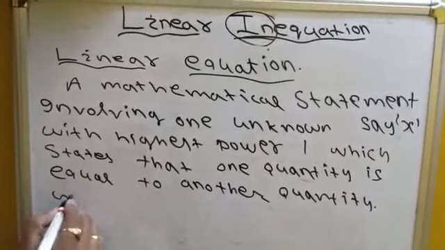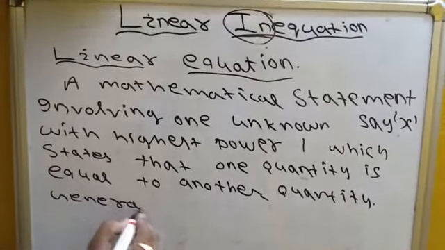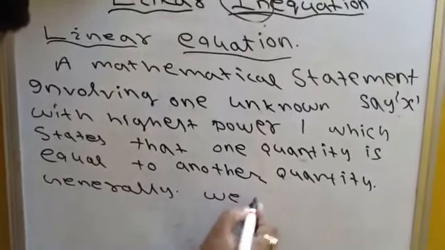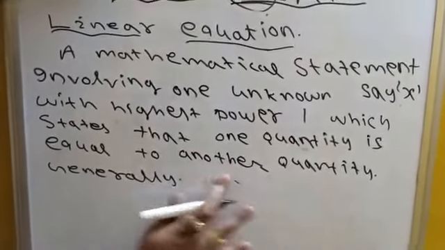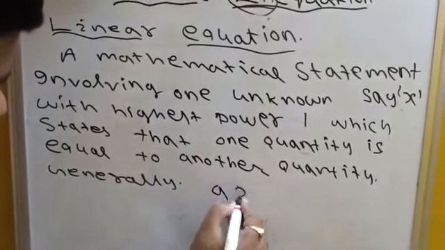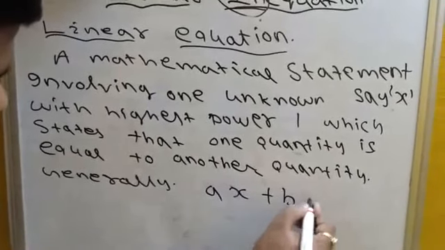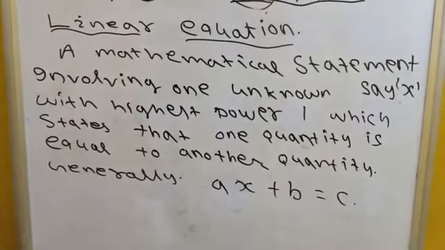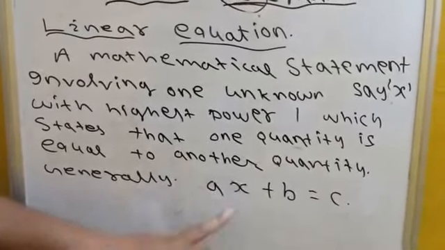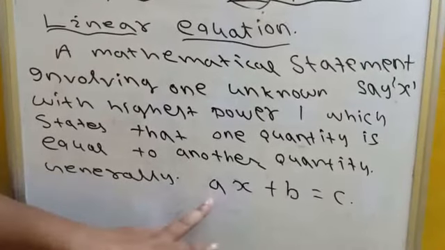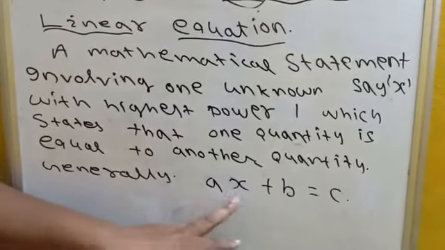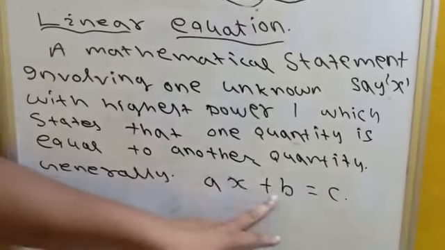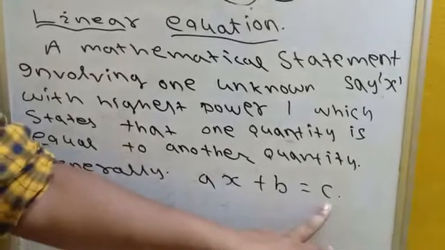Generally, we write ax plus b equals c. Here, the power of x is 1. a is the coefficient of x, and b and c are constants.